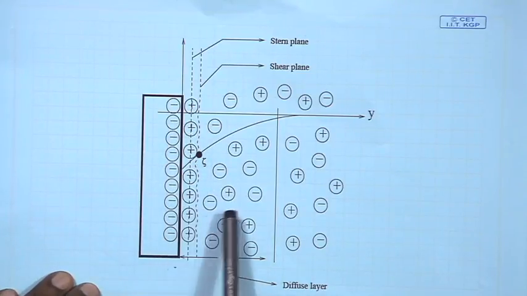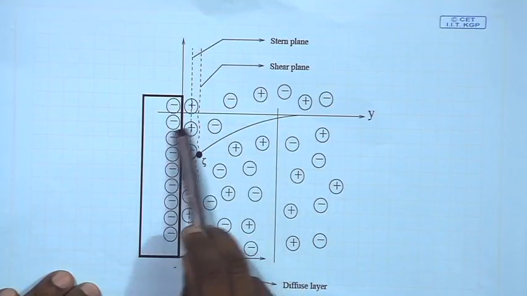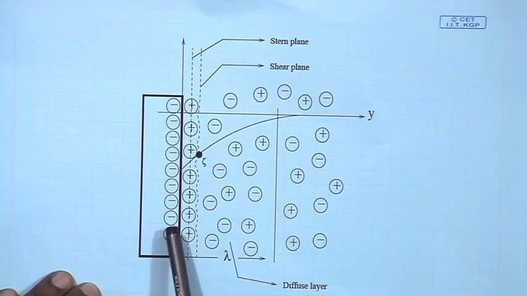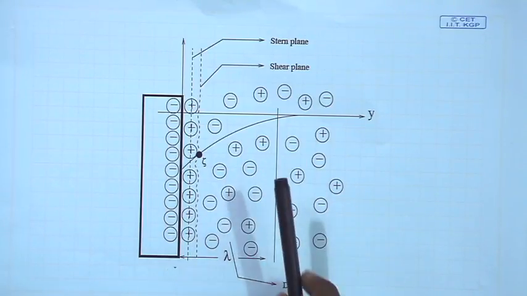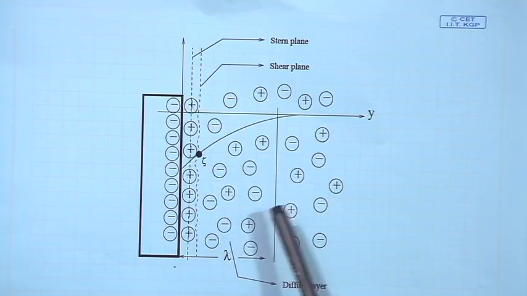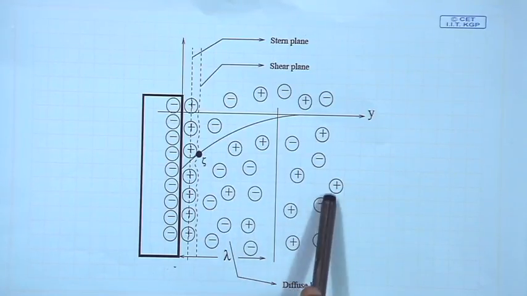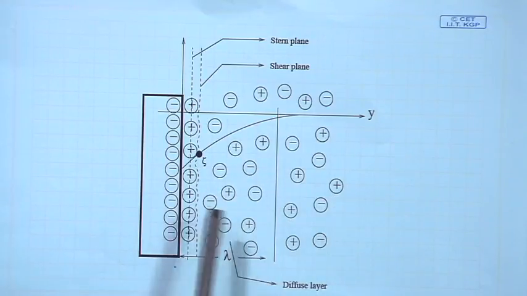Then this positive charge will attract negative ions, and in that process there will be a layer near the surface where there will be a greater number of unbalanced charge ions compared to the bulk or core region. Now, this layer can be divided into two.